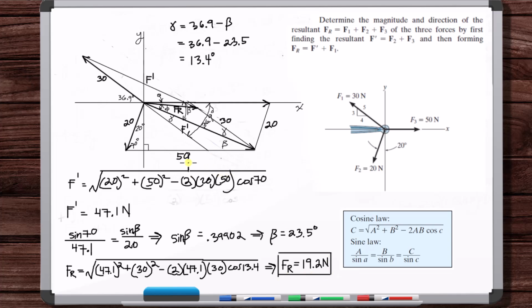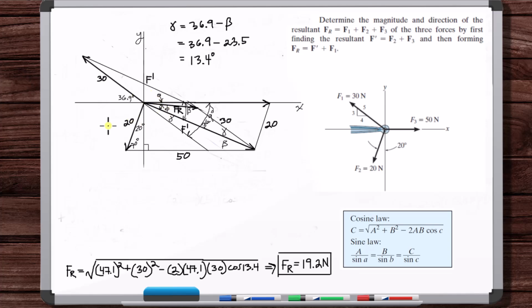That's FR. So now we just need to find theta and then subtract from 360 and we'll have the angle. So we can use the law of sines again to get psi here. So we've got sine of gamma over FR is equal to sine of psi over 30.